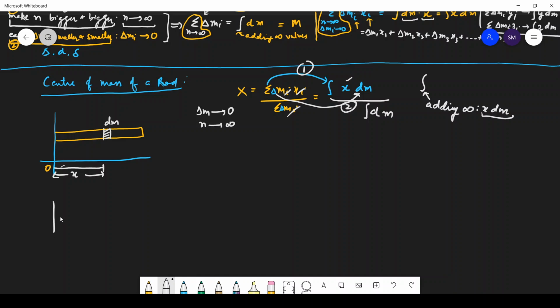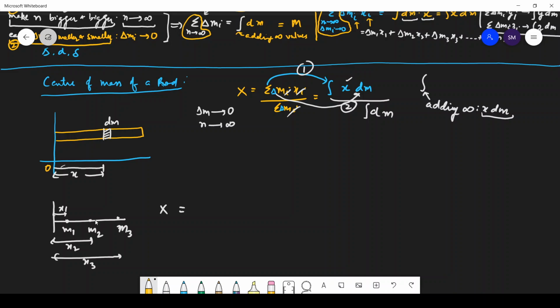Like here, suppose you had masses m1, m2, m3 at distances x1, x2, and x3. So you were finding the center of mass.